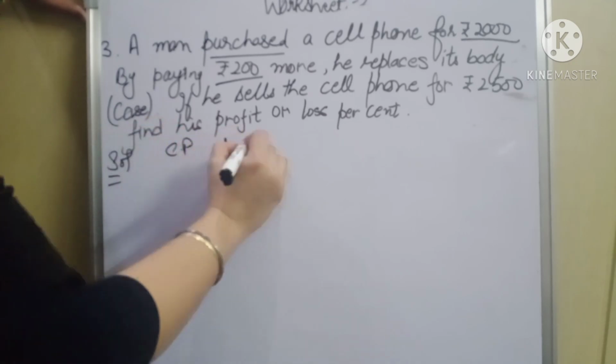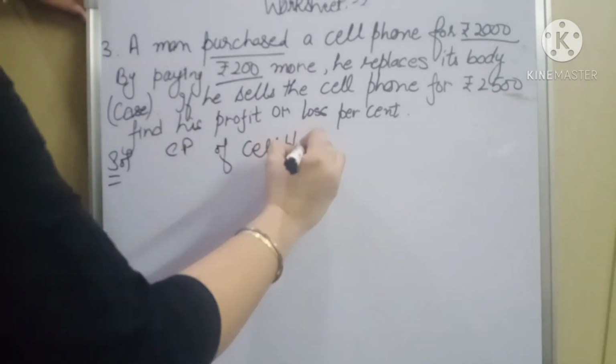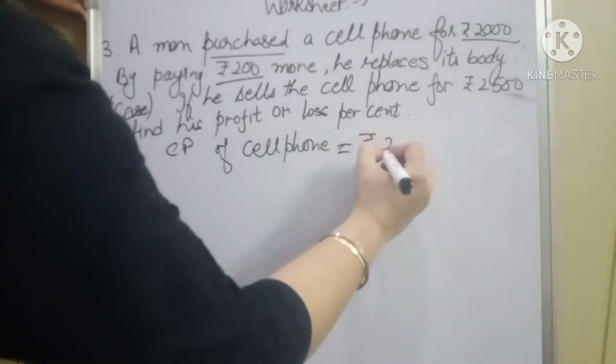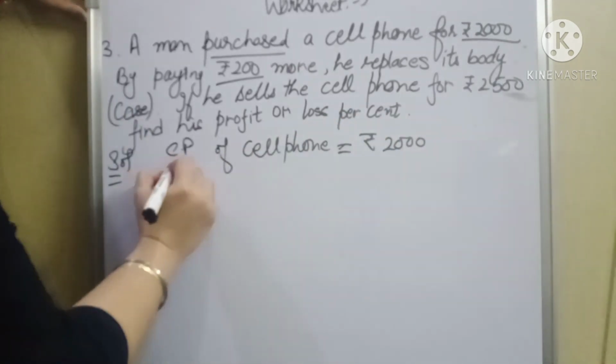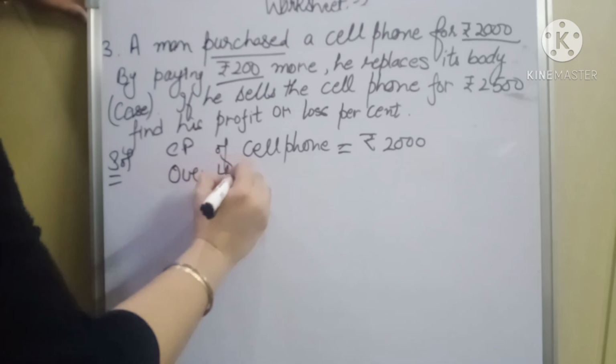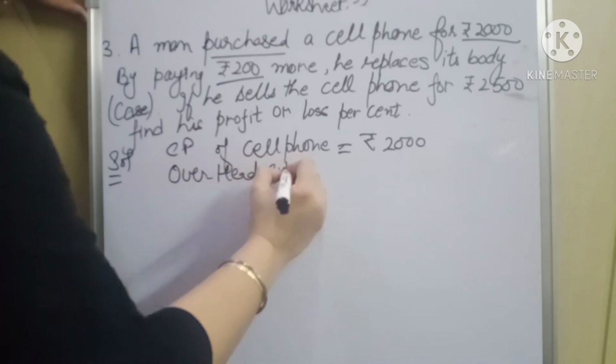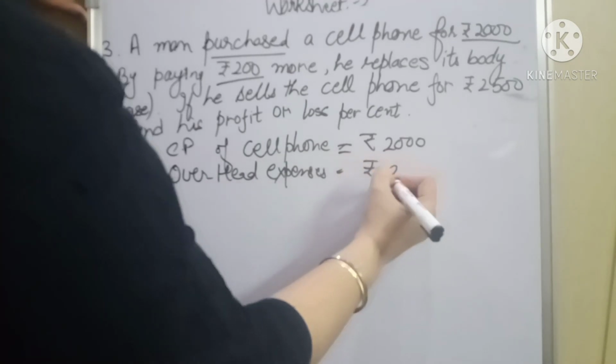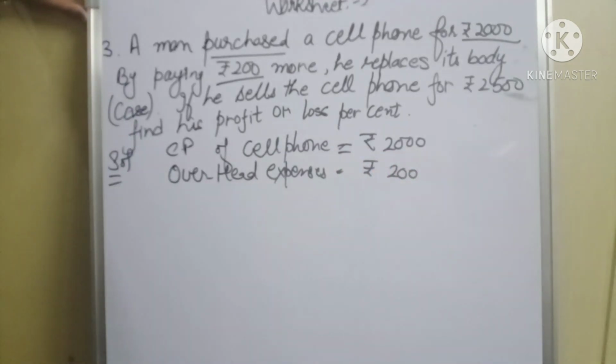Cost price of cell phone. What is given to you? Since it is purchased, it is the cost price, 2000. Overhead expenses, that is equal to rupees 200.